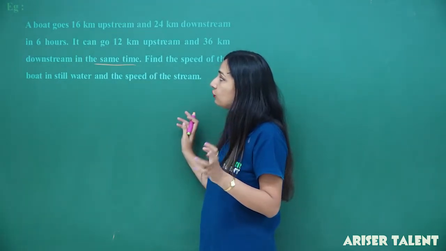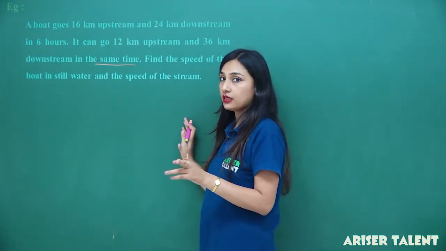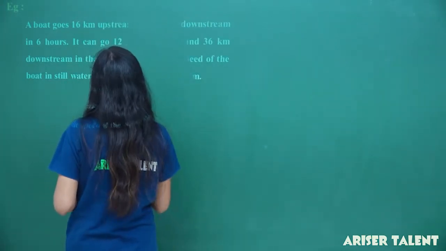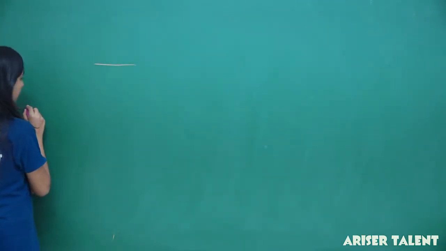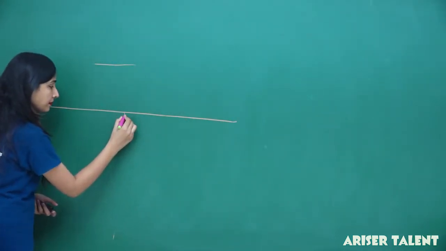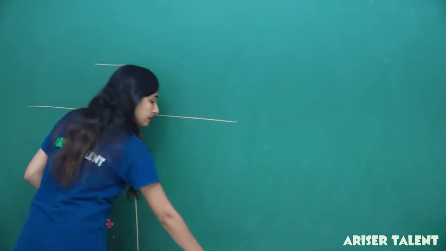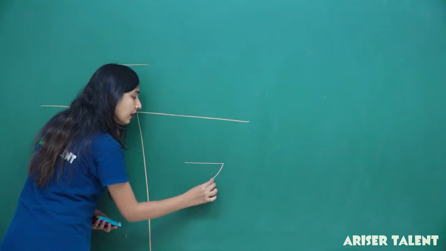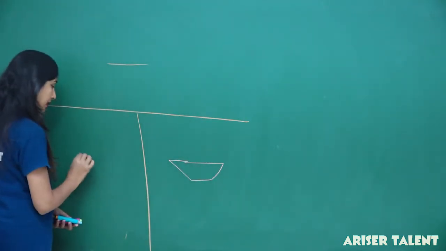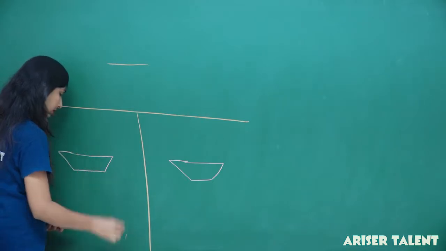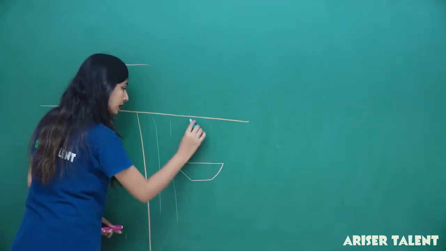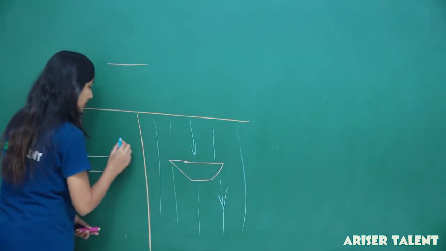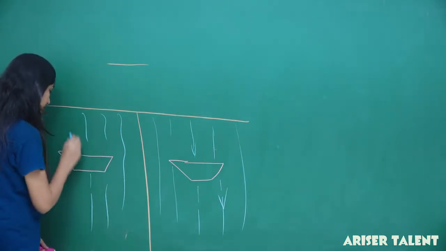Now we have to take both cases, right? So how can we do that? We should draw a boat. We have two conditions, students. Here we have a boat, and here also we have a boat, and water is flowing in this direction.